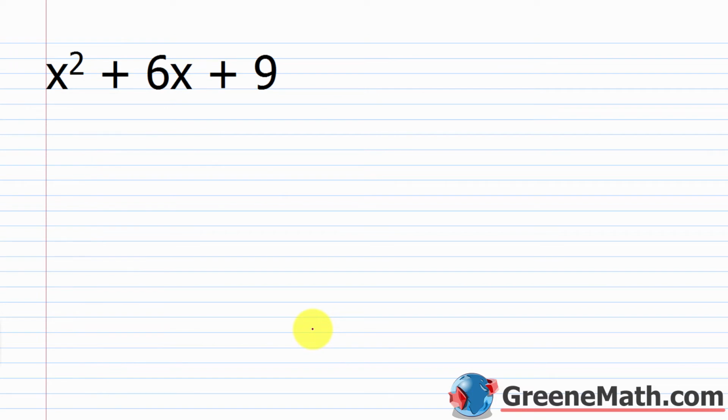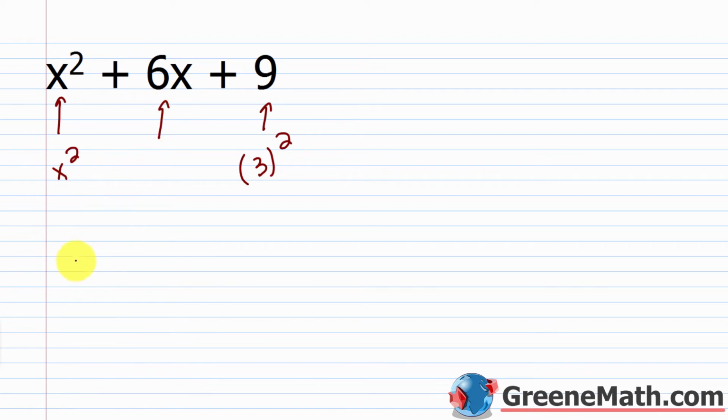All right, so let's take a look at the first example. So we have x squared plus 6x plus 9. So again, the first thing I'm going to look at is to see if this is a square. So yeah, this is x squared, and then is this a square? Well, this is 3 squared. Now the next thing I'm going to look at is the middle term. If I multiplied 3, which is what's squared here, times x, which is what's squared here, so 3 times x is 3x, times 2, do I get the middle product?